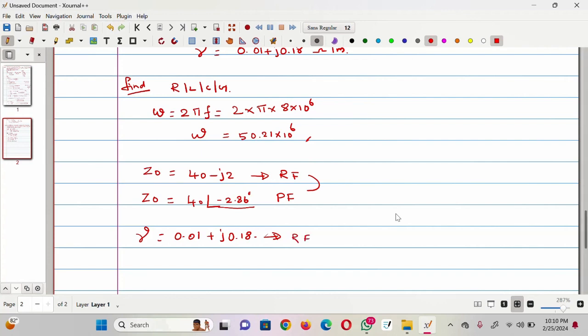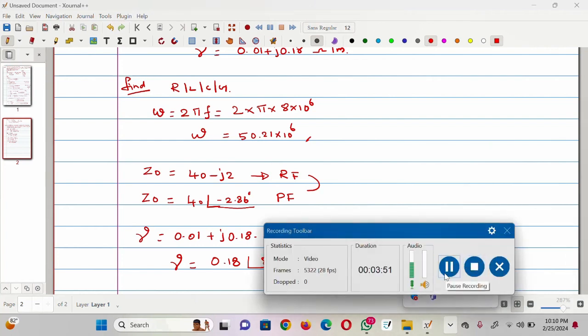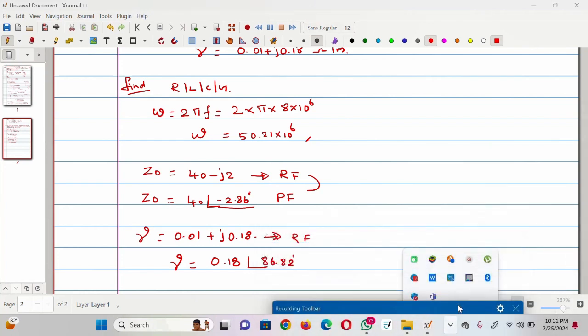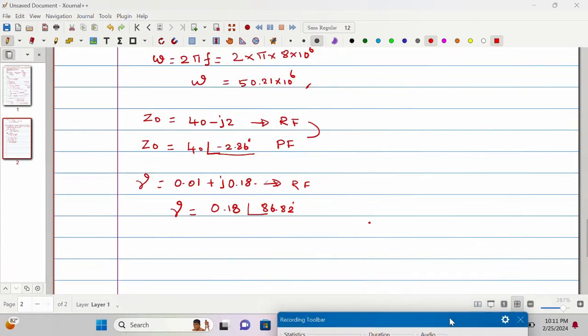The same thing we do for the gamma value: 0.01 plus j0.18 is in rectangular form, and we change it to polar form, 0.018 angle of 86.82 degrees. So finally the propagation constant in polar form is 0.18 angle 86.82 degrees.